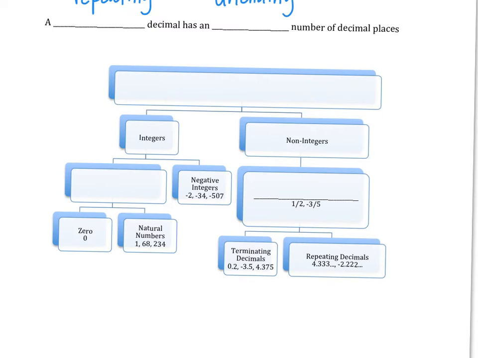You can think of rational numbers in the form of a flow chart. This is a really helpful visual for you to remember or to take a look at in order to see what all qualifies as rational numbers. Okay, so rational numbers consist of integers and non-integers. So let's take a look at the integers.